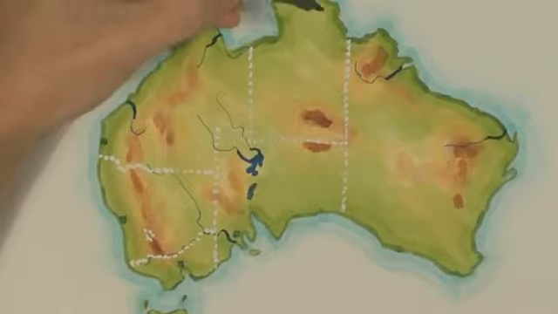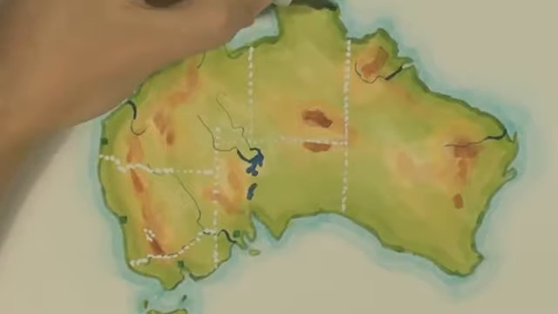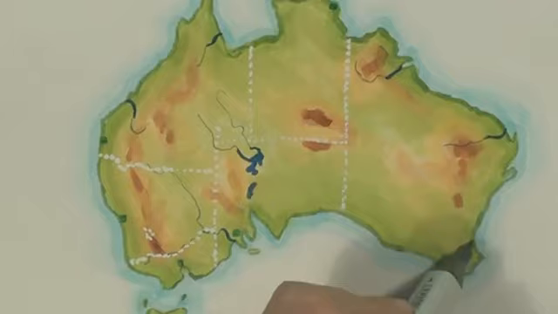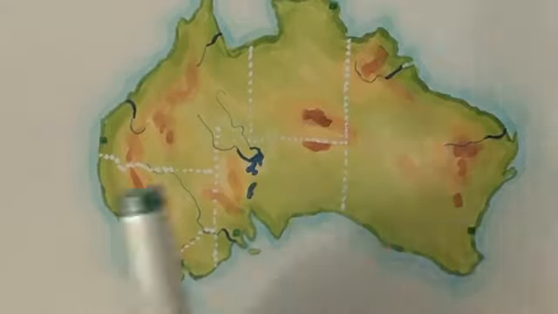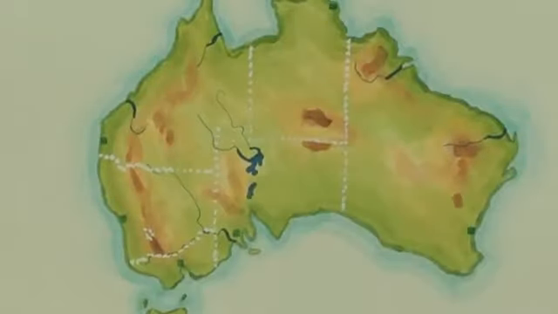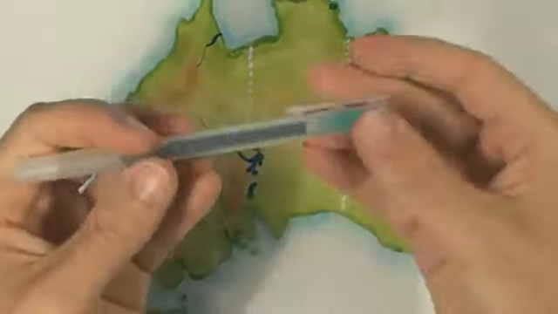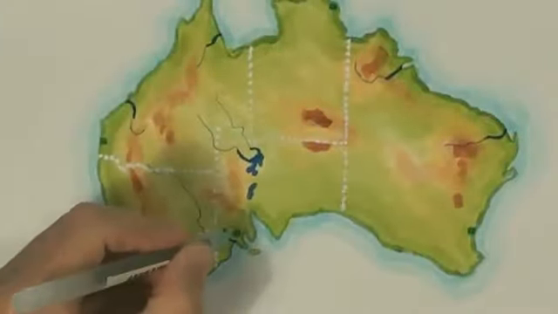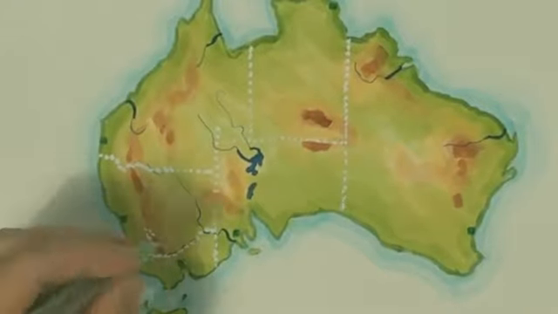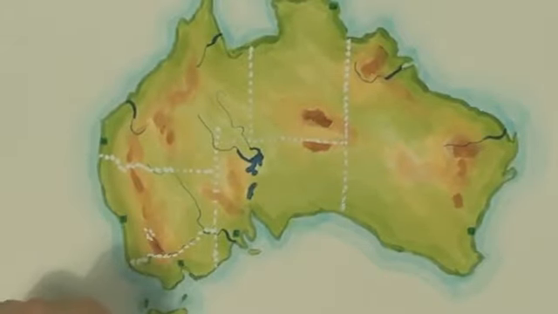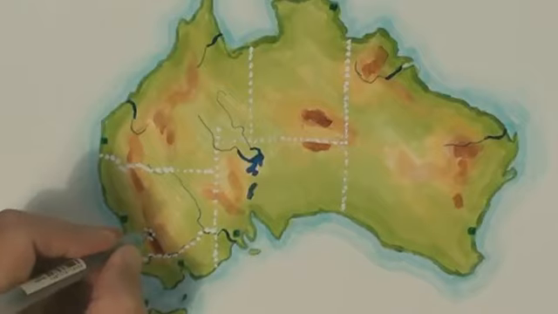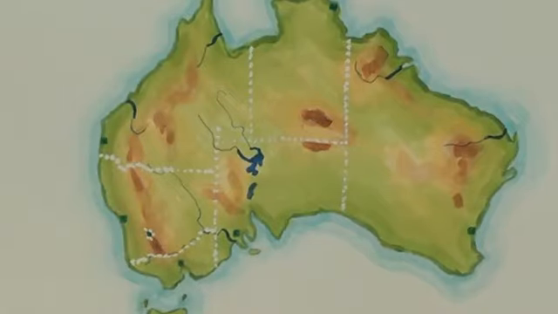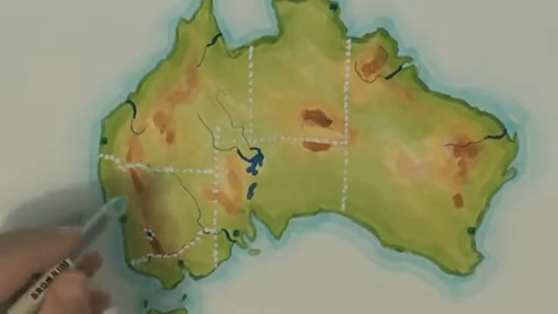But then we have Darwin to the very north, and to the very west. Canberra, capital city of Australia, in the Australian Capital Territory.